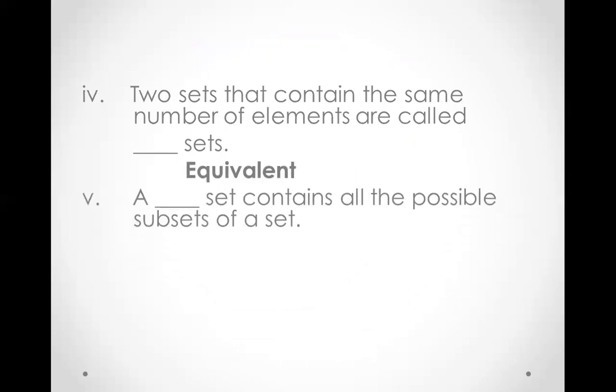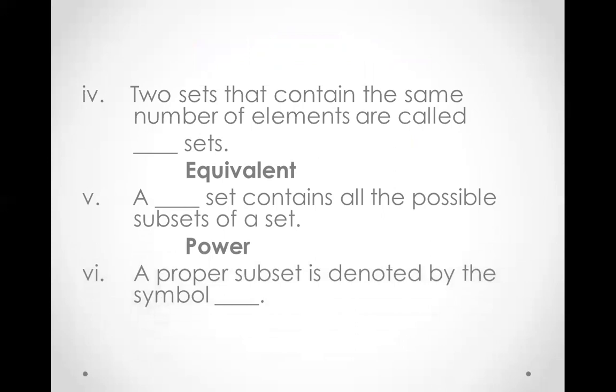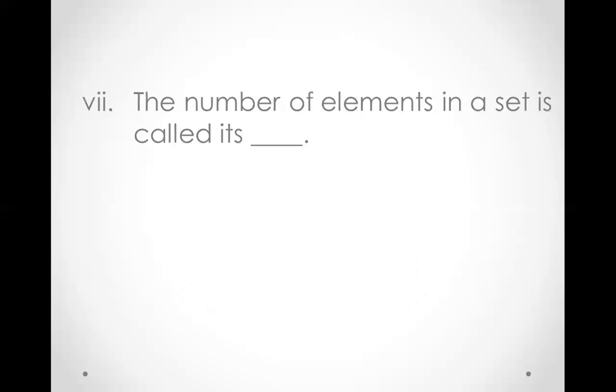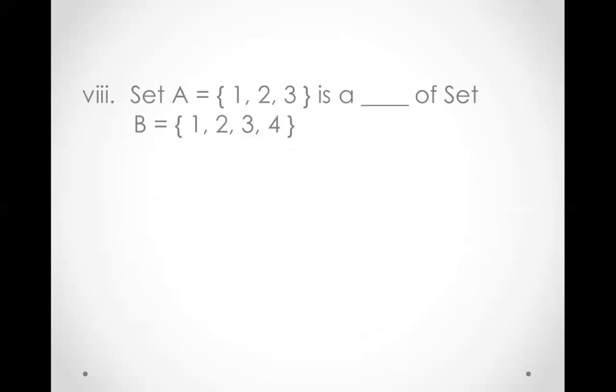A dash set contains all the possible subsets of a set, power set. A proper subset is denoted by the symbol this. The number of elements in a set is called its cardinality. Set A is equal to {1, 2, 3} is a dash of set B is equal to {1, 2, 3, 4}, subset.